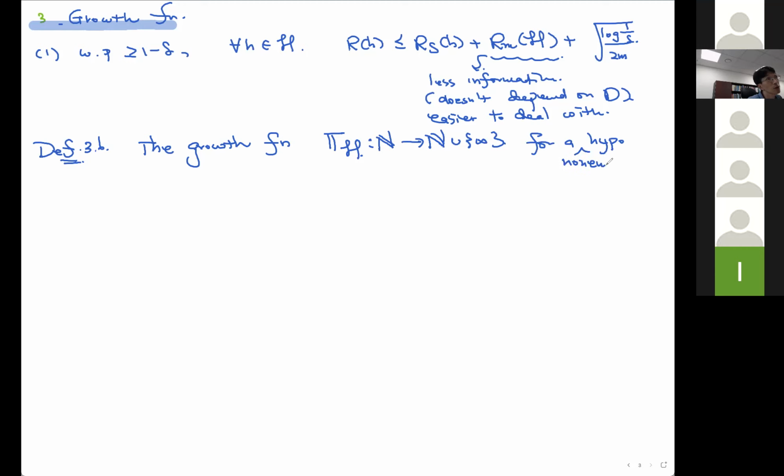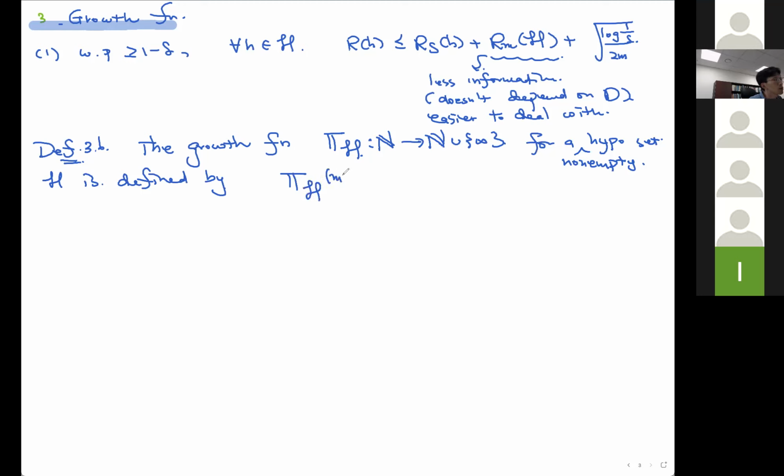All hypothesis sets or function classes will be assumed non-empty.